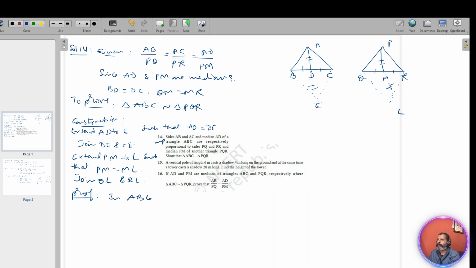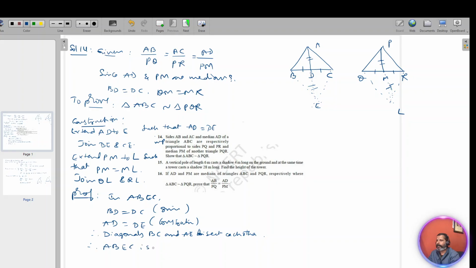See, in ABEC, what do we have? BD equal to DC, given. AD equal to DE, construction. Therefore, the diagonals BC and AE bisect each other. When they bisect each other, therefore ABEC is a parallelogram.